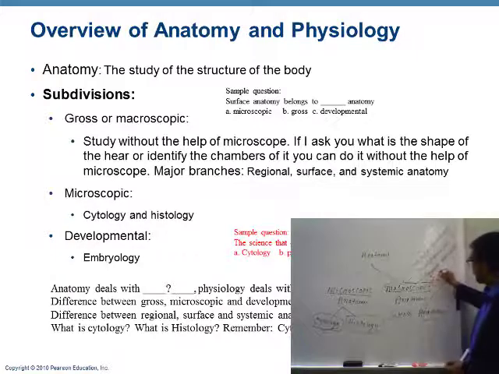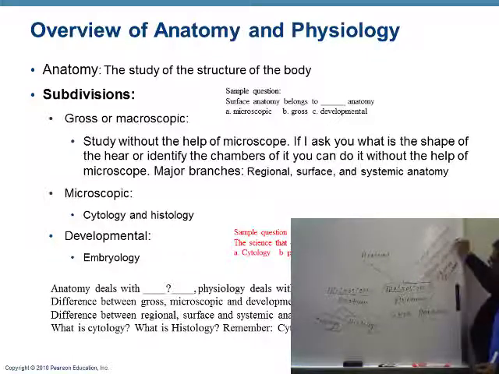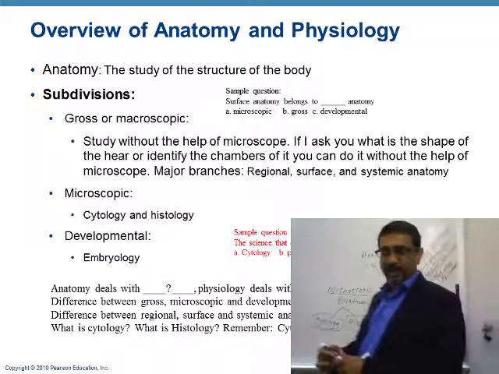Another one is regional anatomy. Okay, so those are some important subdivisions of macroscopic anatomy: surface anatomy, developmental anatomy, system anatomy, regional anatomy.